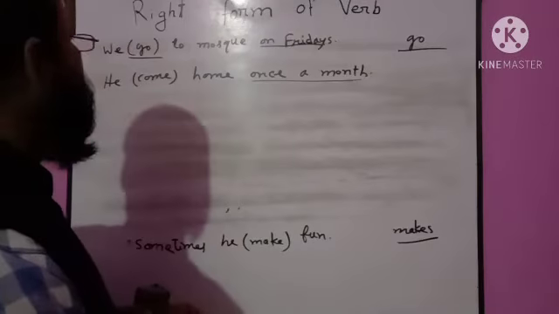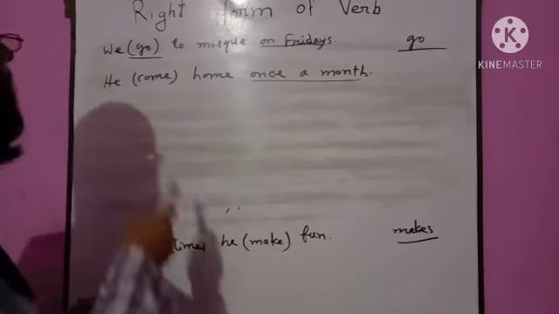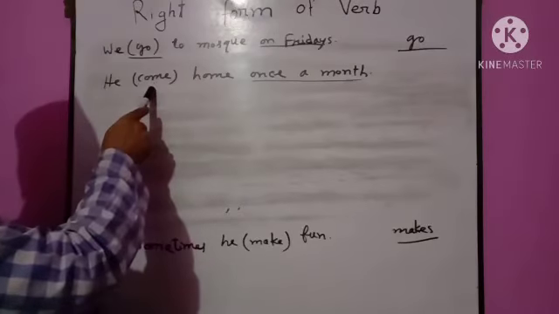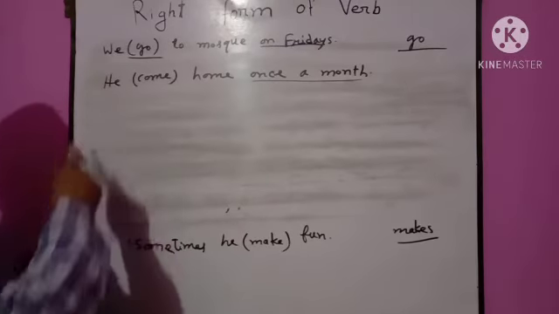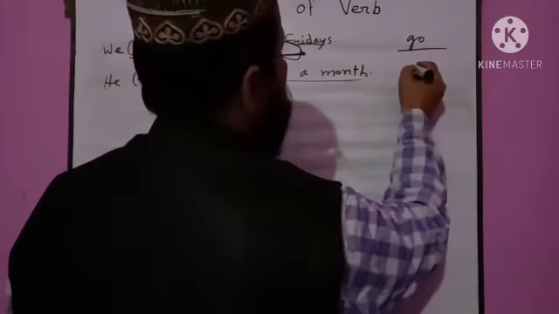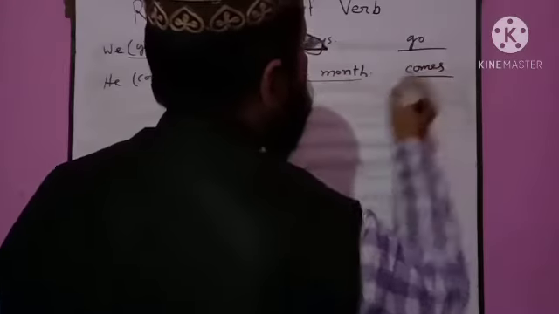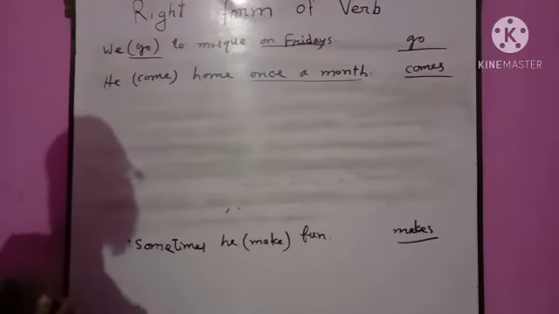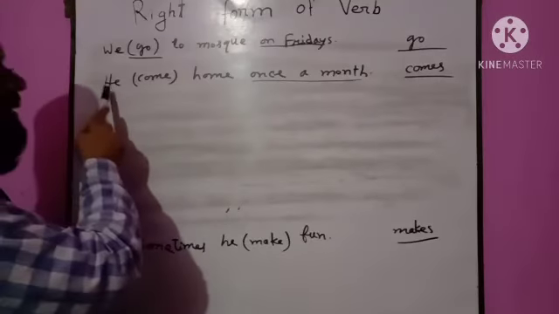It expresses regular time also. So we shall use the present form of come. As the subject is third person singular number, we shall use come and s, comes. The correct answer will be comes because the subject is third person singular number.